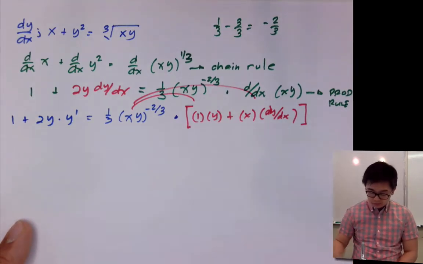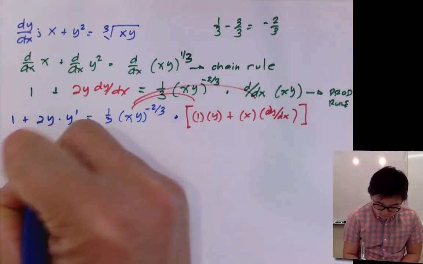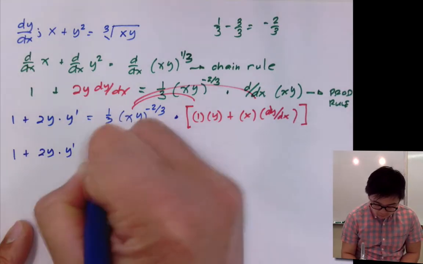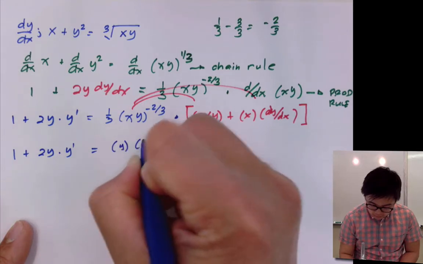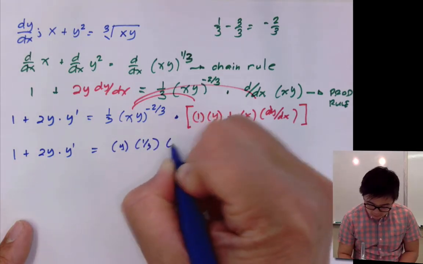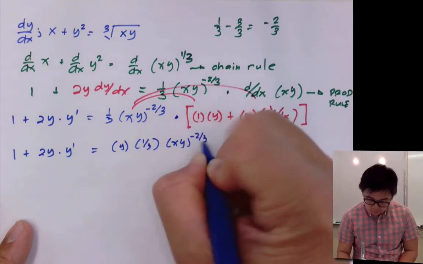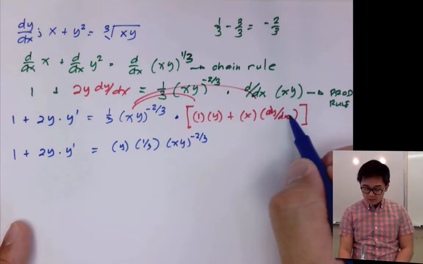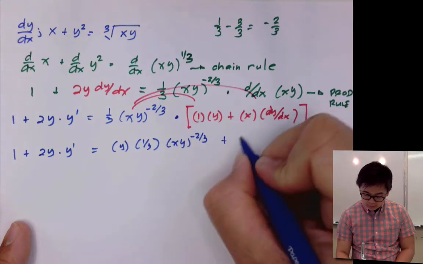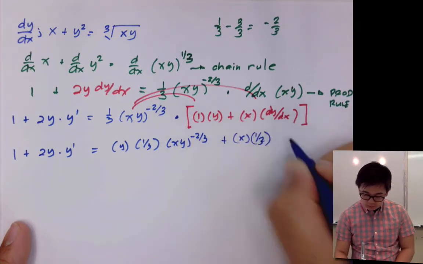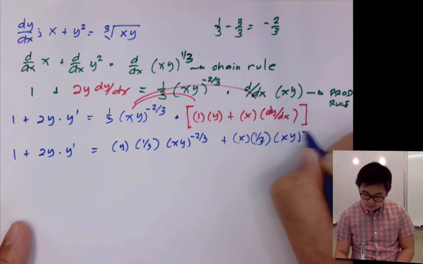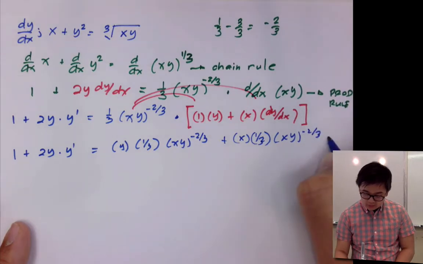So my equation will be changed into, distribute this here, so we have y times 1/3 (xy) to the negative 2/3, and distribute this to the other side right here, which is x times 1/3 (xy) to the negative 2/3 times dy/dx.